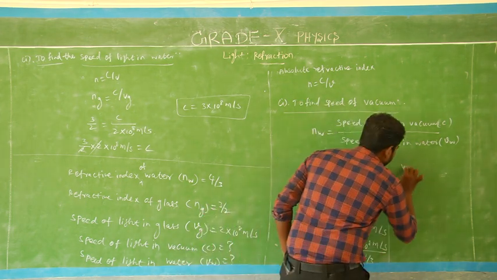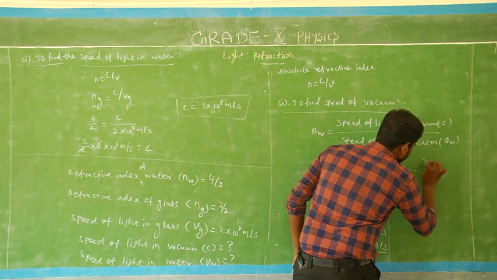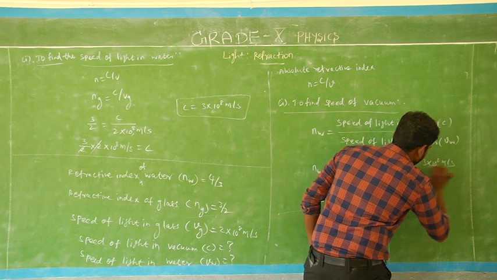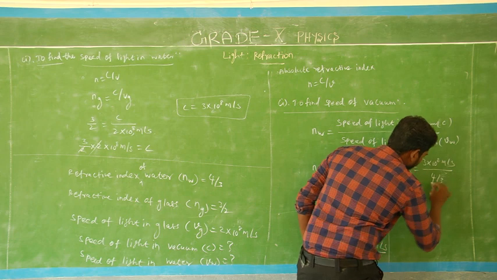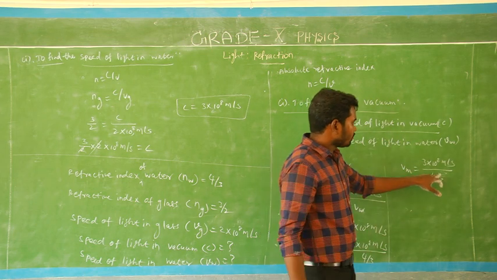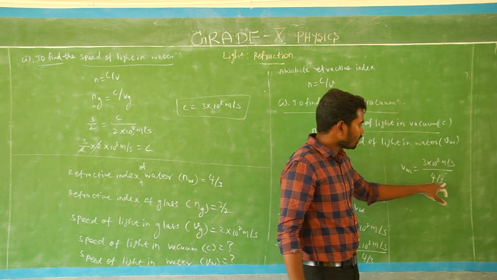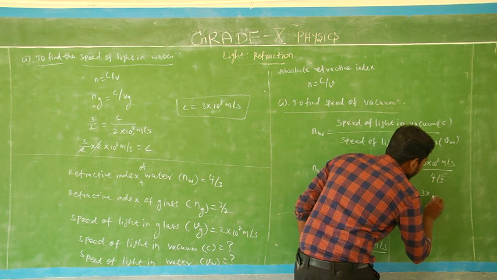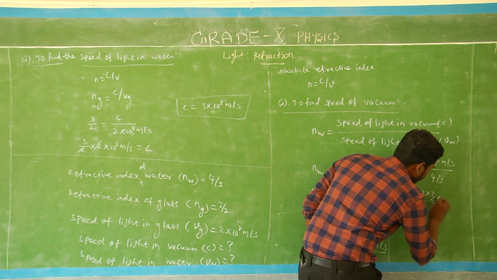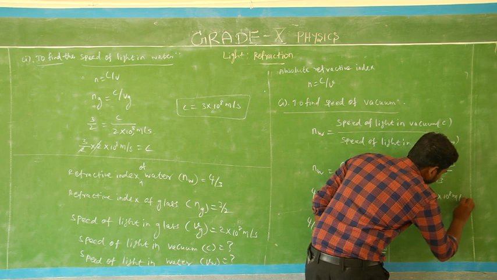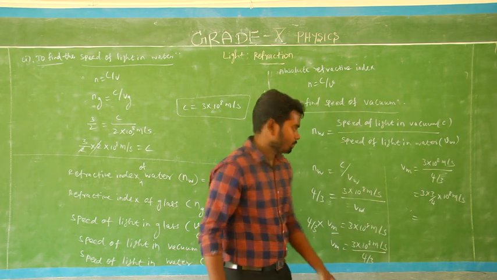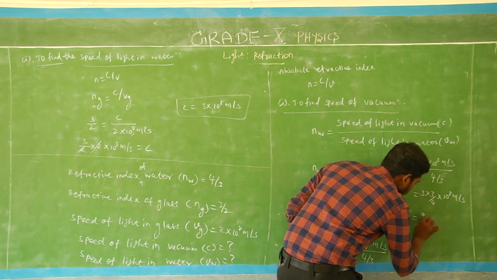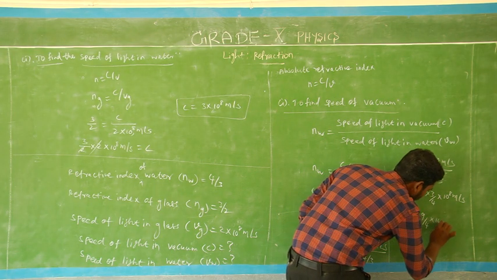So Vw is equal to 3 into 10 to the power of 8 meter per second divided by 4 by 3. When this denominator goes to the numerator, what will happen? It becomes the reciprocal. So we get 3 into 3 by 4 into 10 to the power of 8 meter per second. Simple mathematical calculation. So this is equal to 9 by 4 into 10 to the power of 8 meter per second.